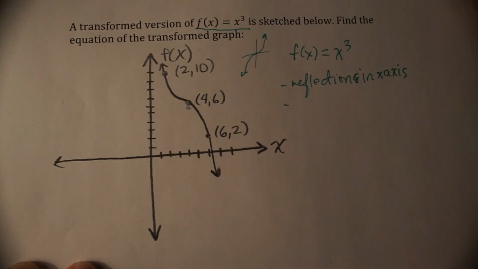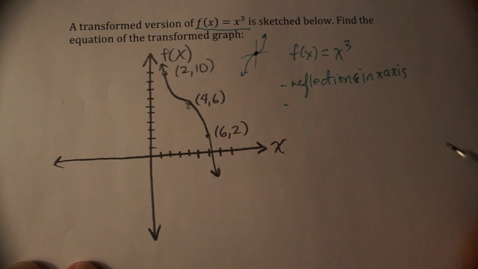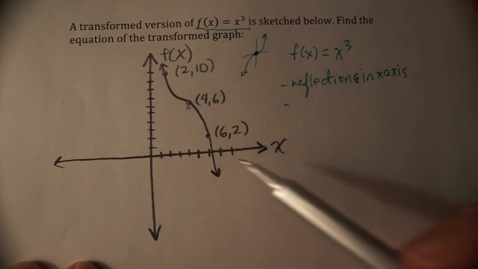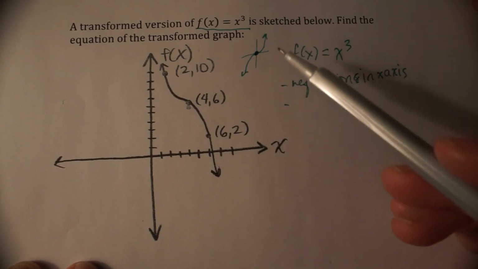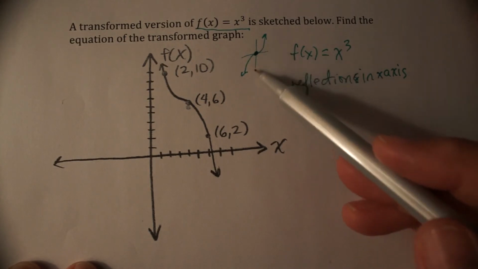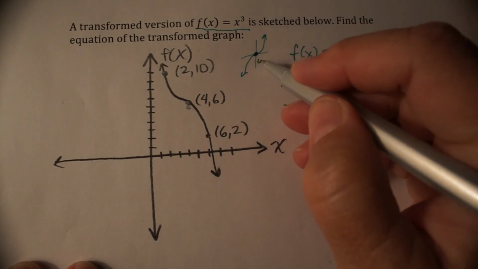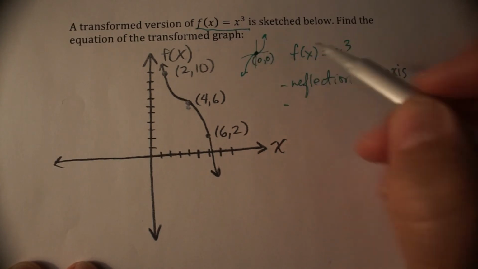The second thing we're going to look for is the special point. Now, our special point, what I mean by that, is the 0, 0. The reason that is such an important special point when you're trying to find an equation that has been transformed is that a stretch, either vertical stretch or horizontal stretch, which we know is multiplication, will never affect this point because that point is 0, 0.